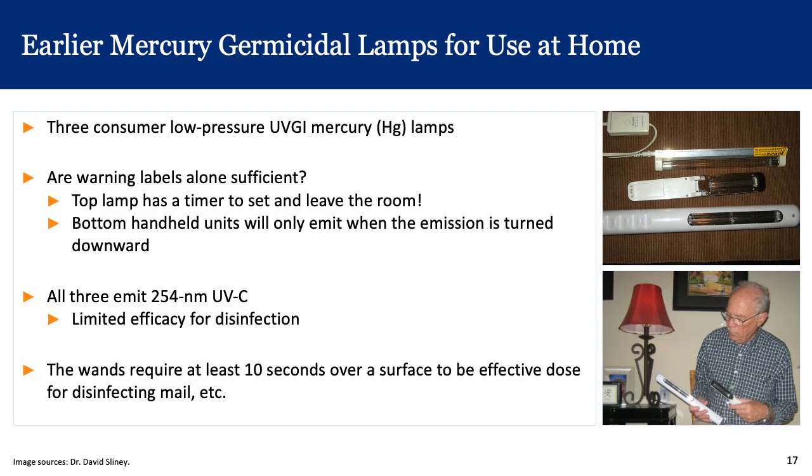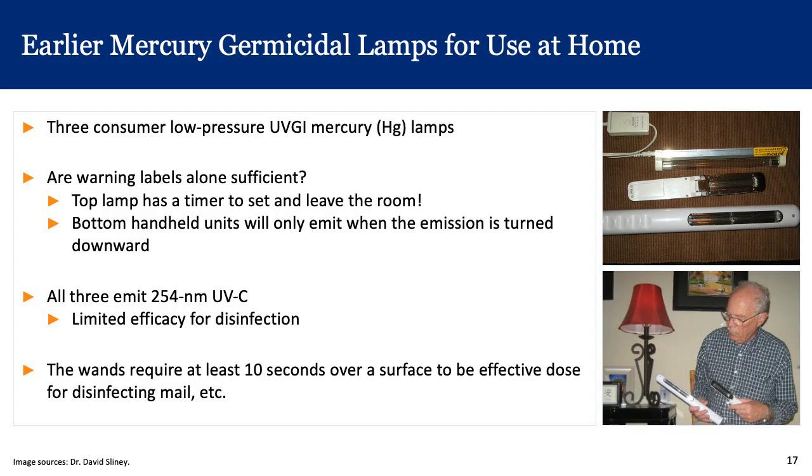Germicidal UVC is far less effective at disinfecting surfaces than use of normal household cleaners, but it's indispensable if you want to disinfect air. So the whole concept of these little handheld devices was poor or misinformed.